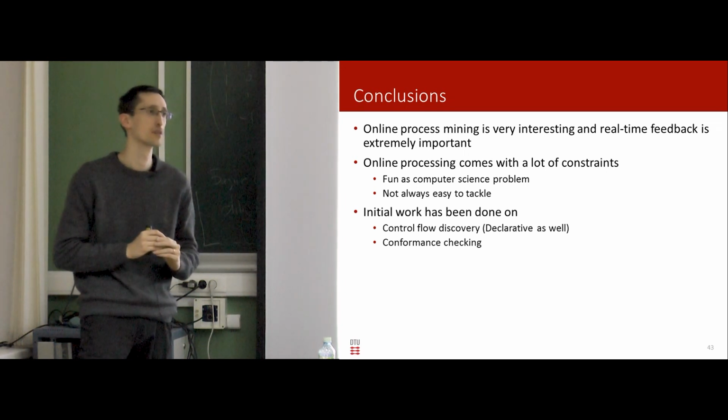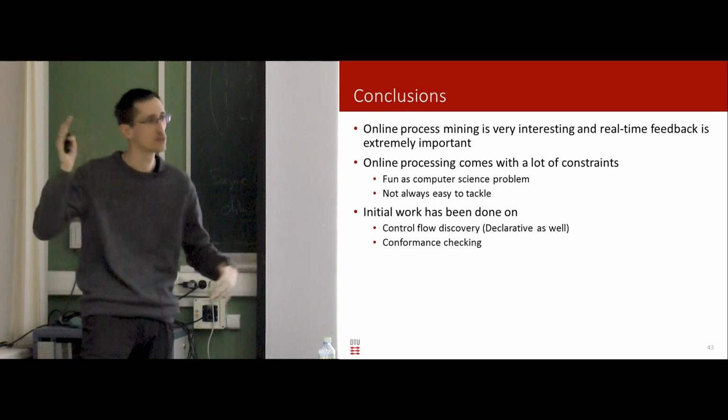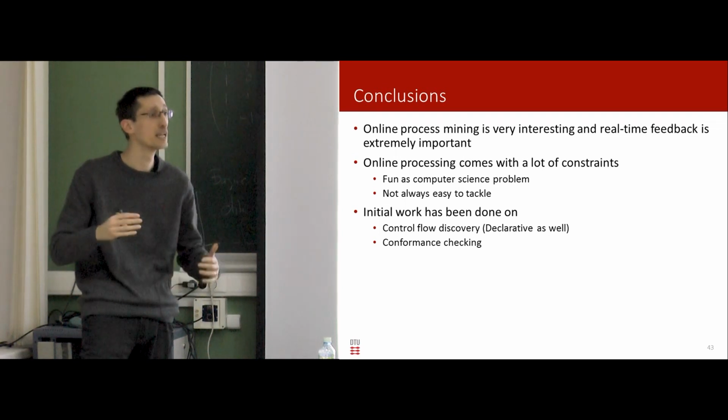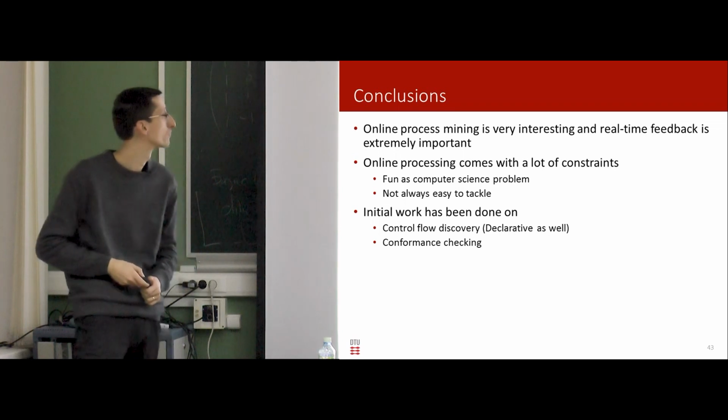That's it. If you want to do the token game on a Petri net, then you may have tokens distributed around the Petri net, and it may not be trivial how to move the tokens around. So that's the advantage.